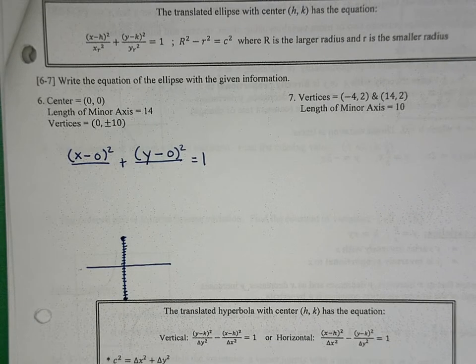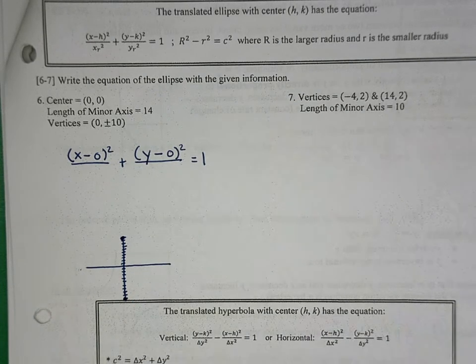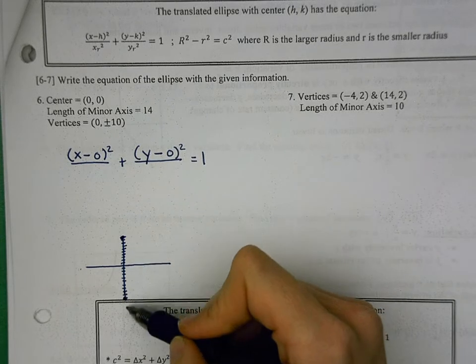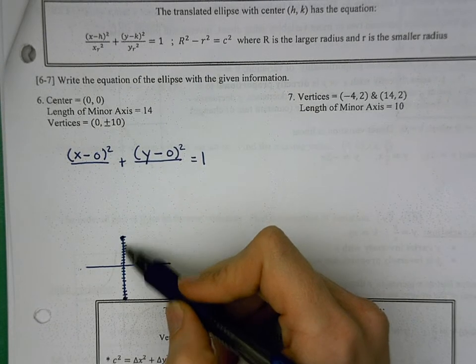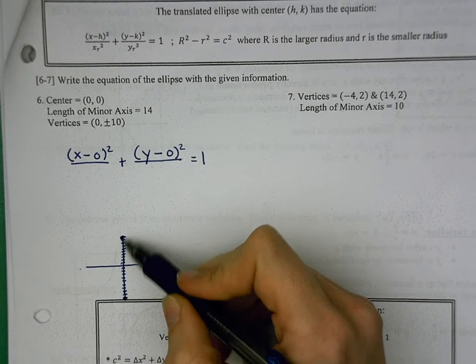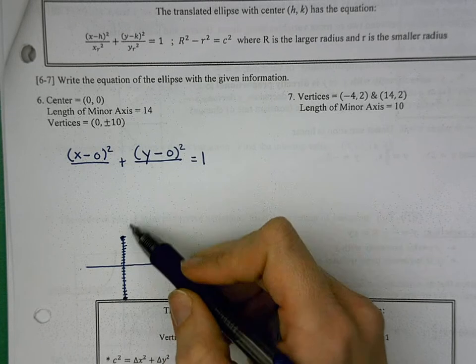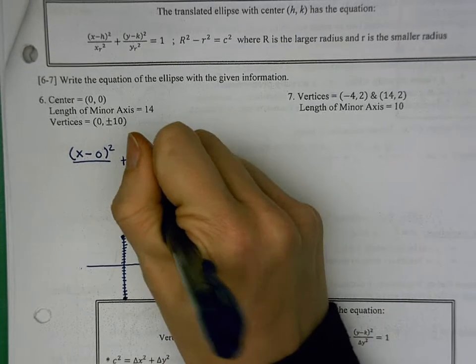And then I've got a minor axis of 14. Well, if my vertices are at 10 and -10, remember where your vertices are always located with an ellipse. They're always located on the major axis. And so in this case, my major axis has a length of 20. The radius would be 10, and it's on the y, so this is 10 squared.